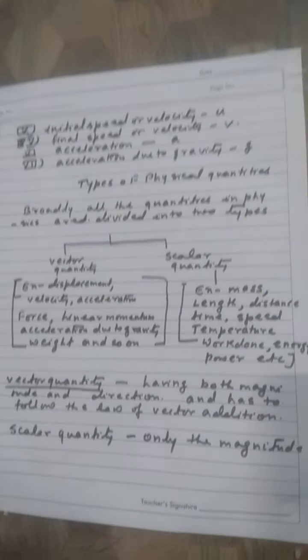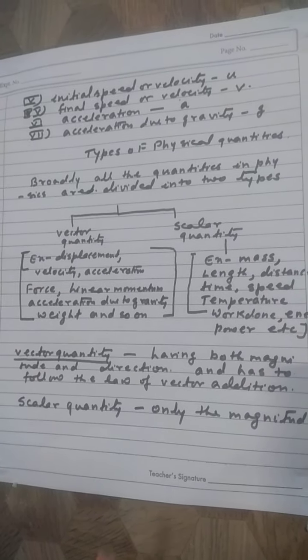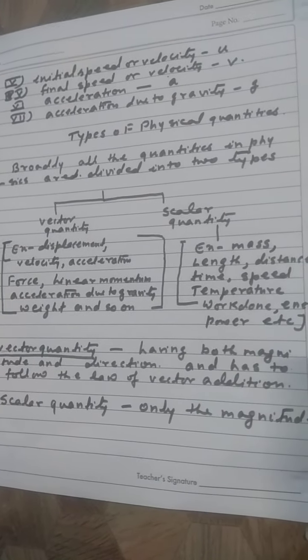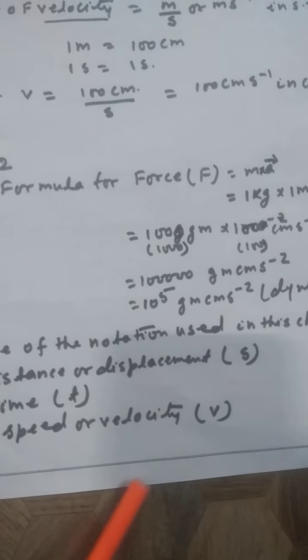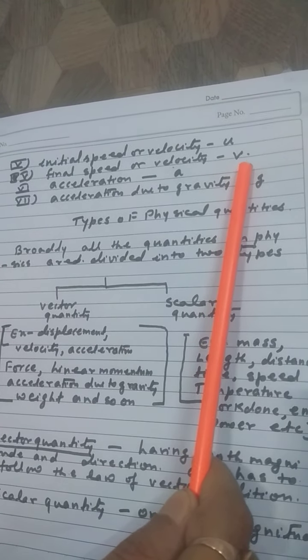I have not given the vector sign here because we have not seen the vector and scalar quantity. Here some of the quantities are vector quantities. For example, displacement. In case of displacement, we will use the arrow here. In case of velocity, we will use the arrow here. Wherever it is a vector quantity, we will use the arrow.